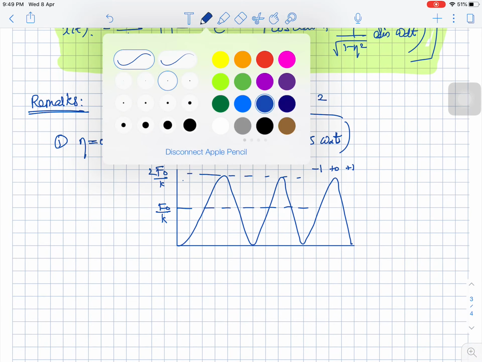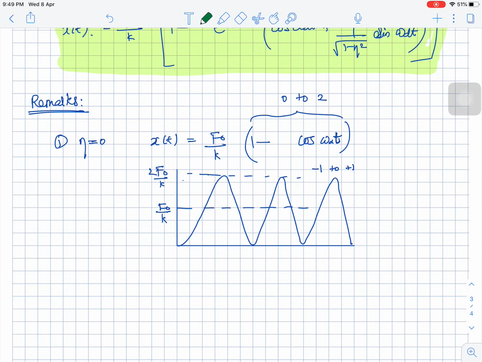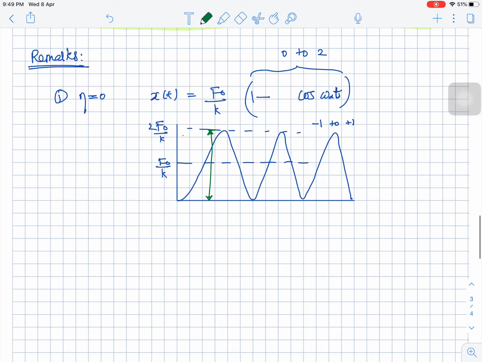So here if you consider this to this, the amplitude of this vibration is f naught by k. So this is the first observation, which is a suddenly applied load. The maximum displacement x of t is twice of the f naught by k.